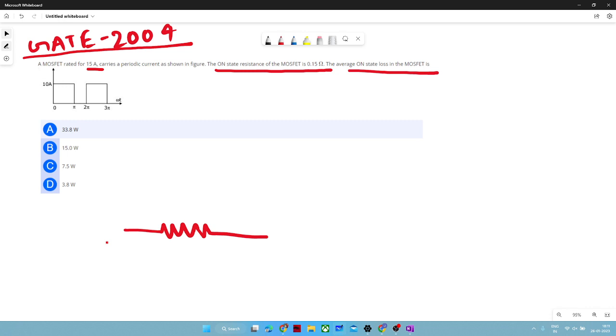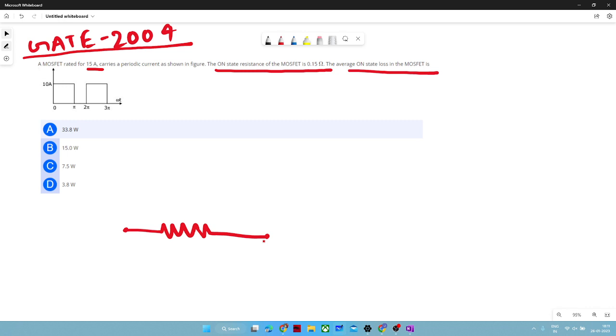Generally BJTs and IGBTs are known as minority carrier devices because there are two PN junctions. So holes traverse from the P region to the N region and electrons traverse from the N region to the P region. That condition does not hold in a power MOSFET. In a power MOSFET, we control the gate signal and it creates a channel.